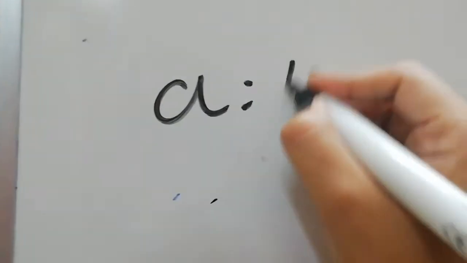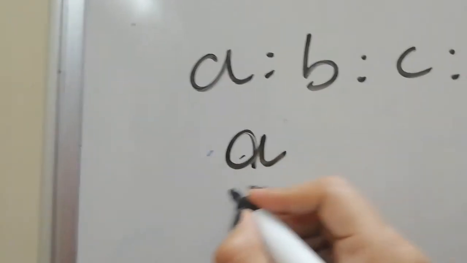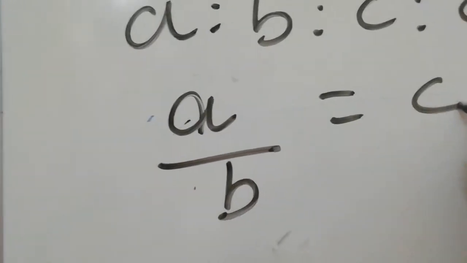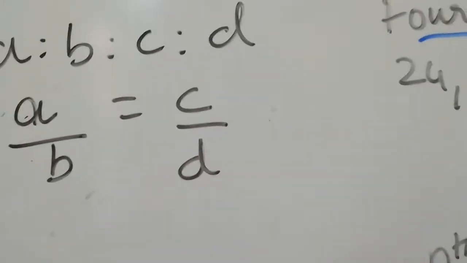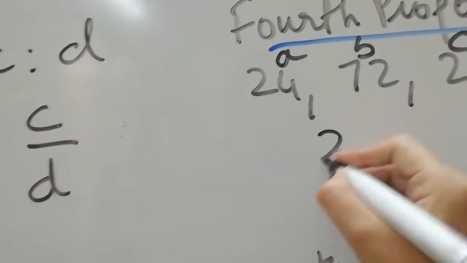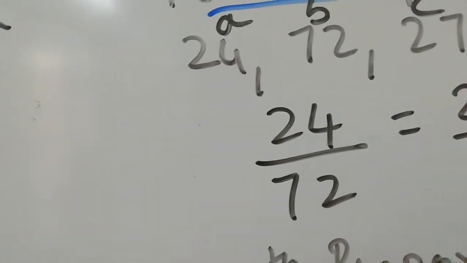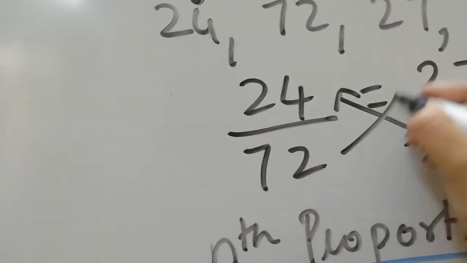Now in case of fourth proportion, how does it go? Fourth proportion is like this. If there are ratios A is to B is to C is to D, then in case of fourth proportion it is like this: A upon B is equal to C upon D, right? Now we know this is A, B, C, D. So fourth proportion means A upon B is equal to C upon D. So I will take this as 24 upon 72 is equal to 27 upon X. Now simple cross multiplication.